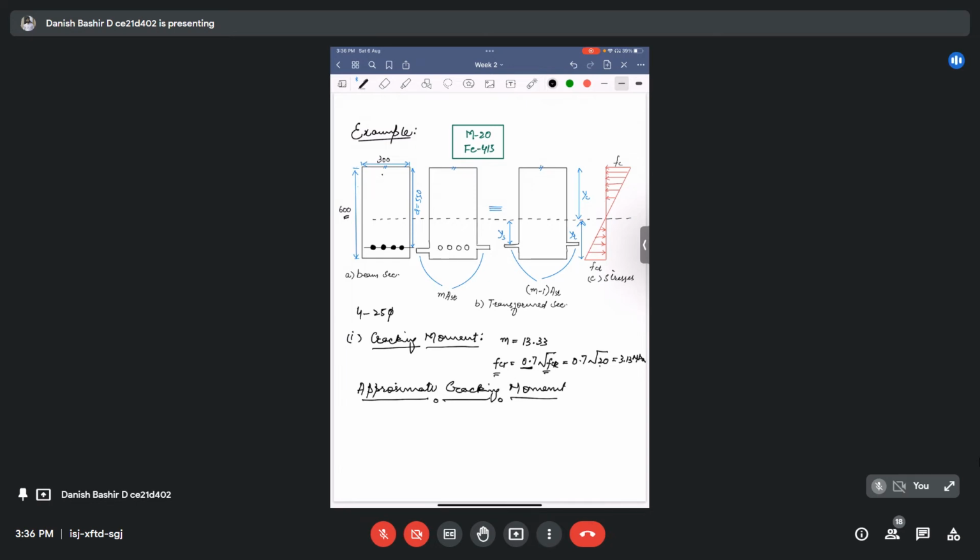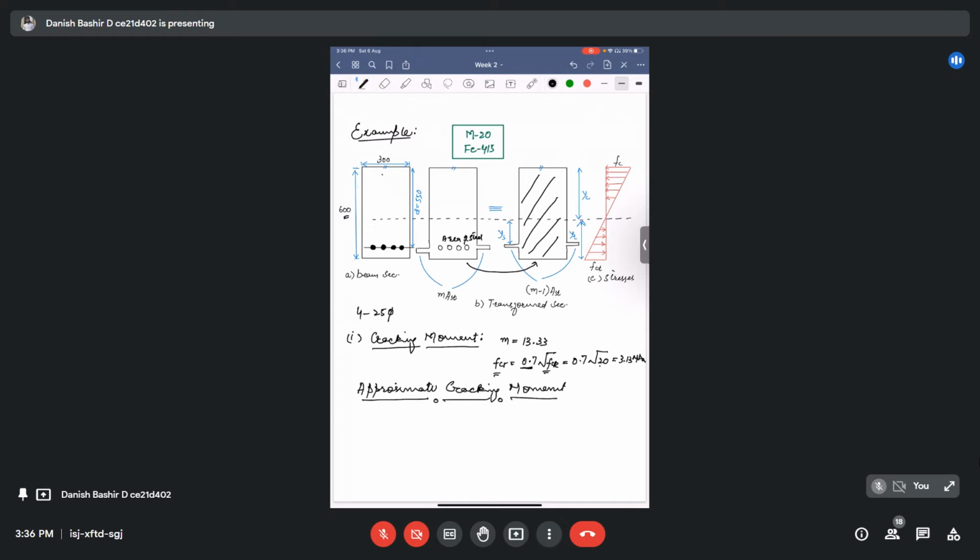Like this, I transformed this composite section to the homogeneous section by replacing this area of steel. In this section, you can see that this steel area is completely gone, and this whole section is now fully homogeneous. Here we have only concrete present.